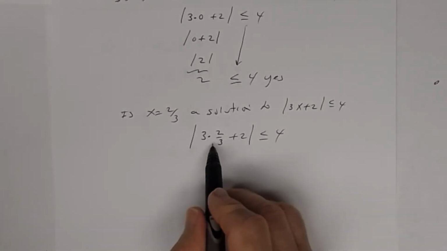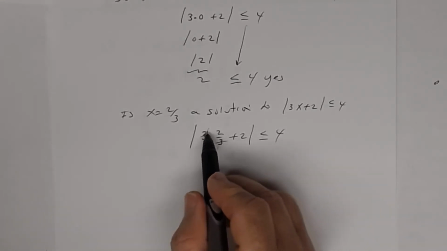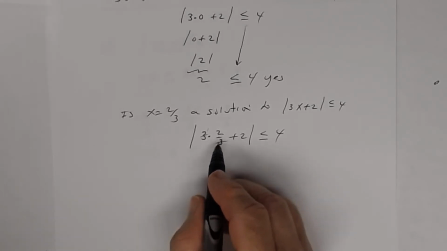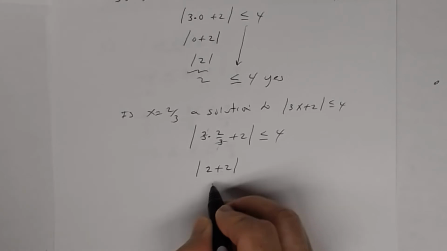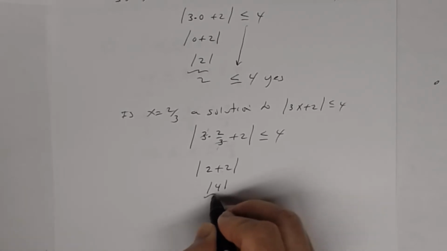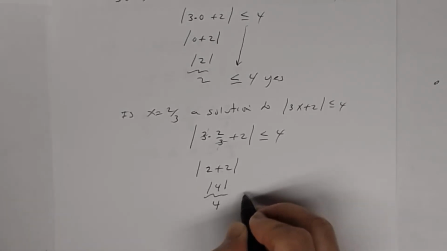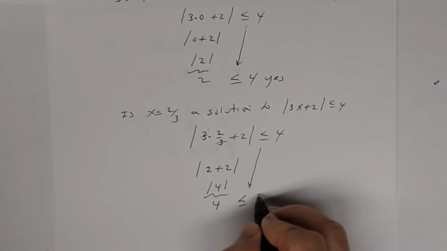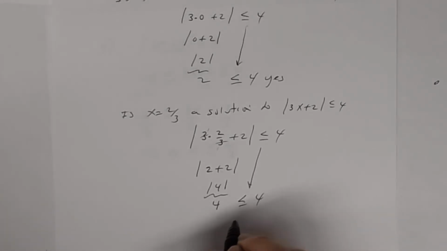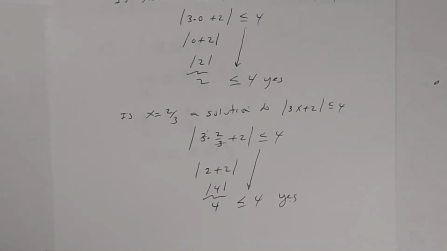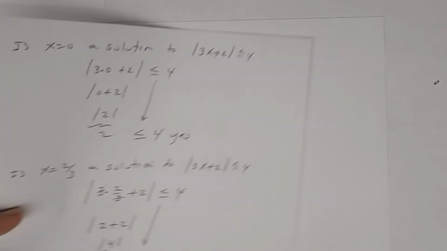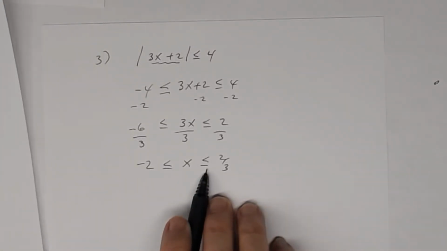Well, 3 times 2/3, the 3's divide out, so 1 times 2 is 2. So we have the absolute value of 2 plus 2. 2 plus 2 is 4, so that's the absolute value of 4, which is 4. Is 4 less than or equal to 4? Yes, it is. It's equal to, right? So the answer is yes. So x equals 2/3 is a solution. So that's why you see an equal sign here.